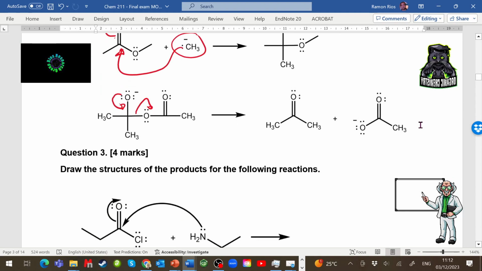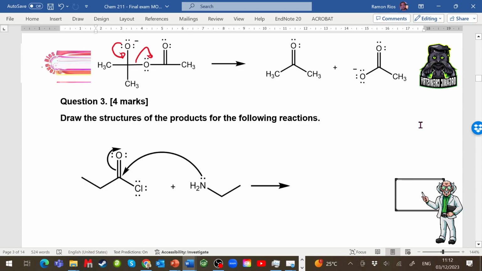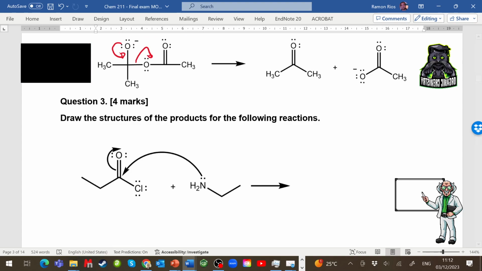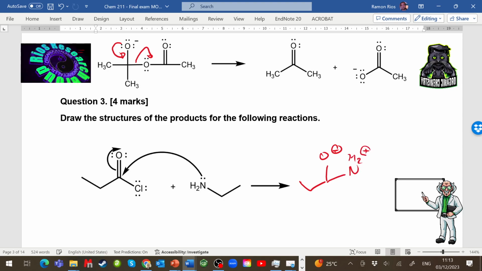Question 3. Draw the structures of the product for the following reaction. Okay? If we do the following reaction, what we have is that we will get this compound. Then remember that it is the addition of an acid derivative that will start with the nucleophile addition at the carbonyl position, and then we form the tetrahedral intermediate.